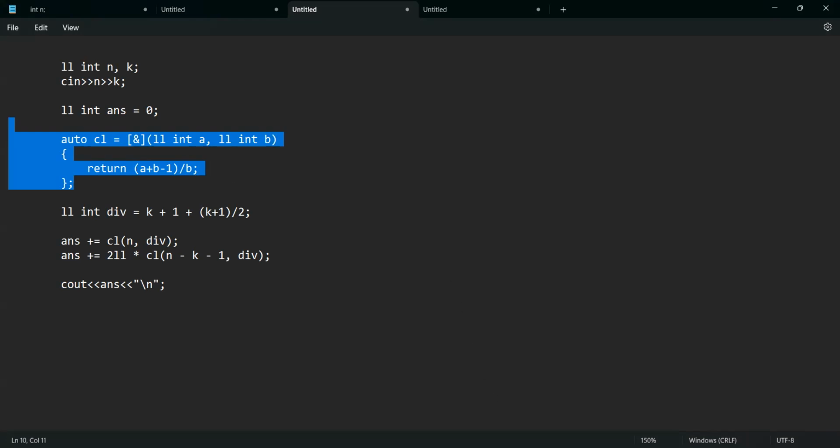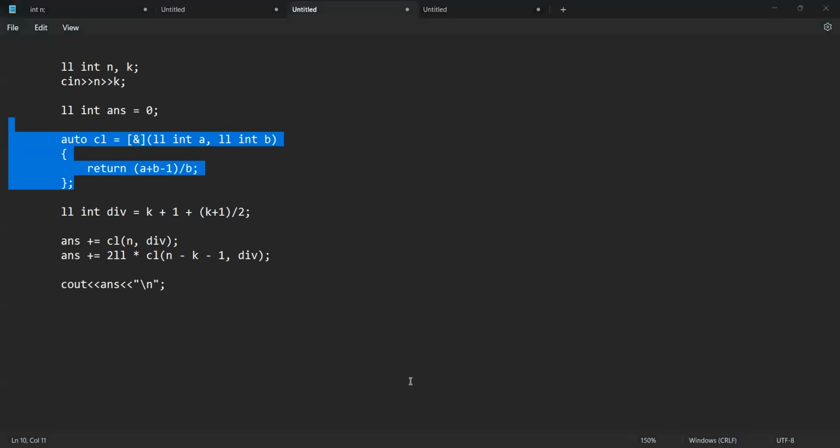Like I have a habit of implementing this, but ceil function works. You don't actually have to use your hard-coded ceil function. You can use the inbuilt library ceil function also. Just make sure that you're giving it double values. Don't pass integer values to that function. Okay.